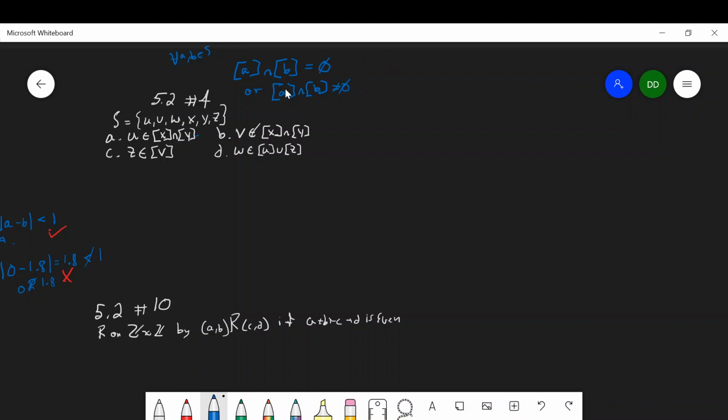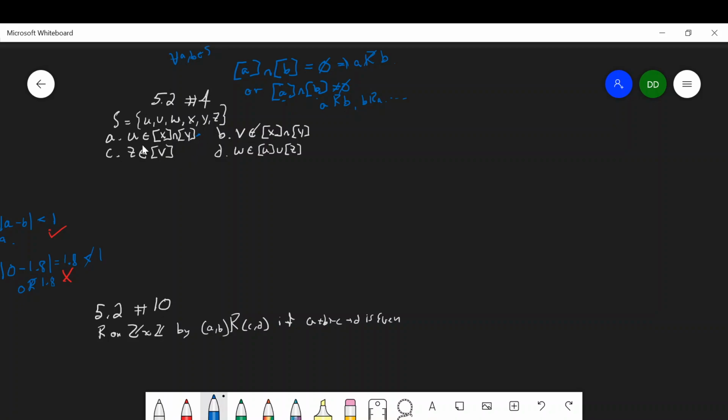If it's not empty, then these must be the same set. And so A is in the equivalence class containing B, and this would tell me that A is related to B. And of course we get symmetry, B is related to A, and so forth. Up here, this would tell me that A is not related to B, that they're in different equivalence classes. So that's what this first bit is telling me.